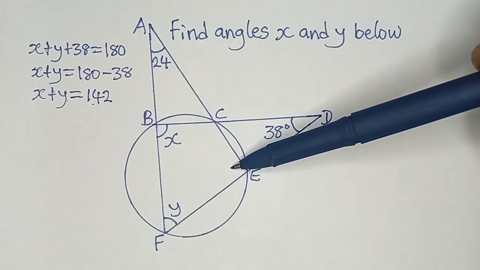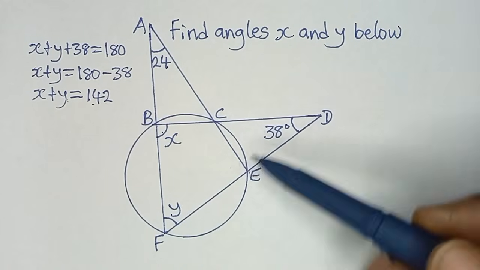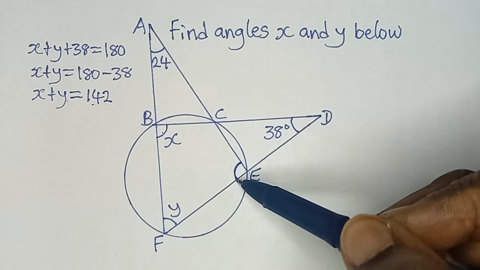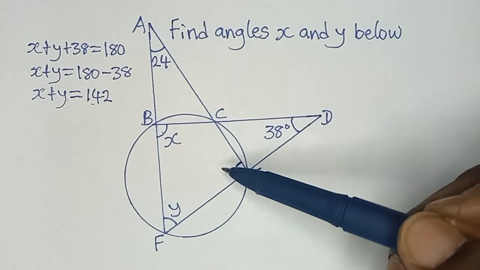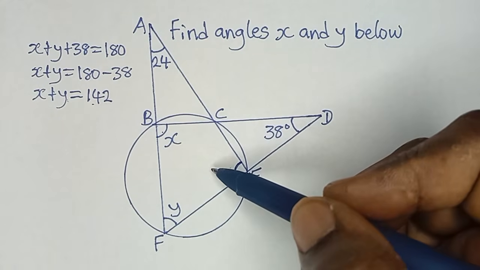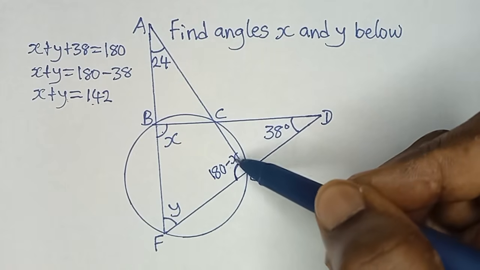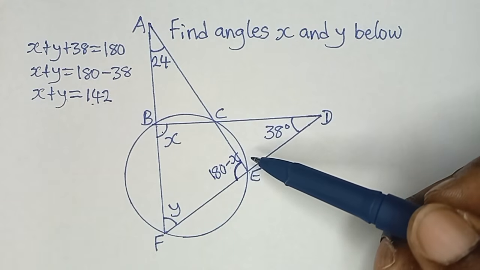Now, since the sum of this angle and this angle will give 180 as opposite angles of a cyclic quadrilateral, and this is X, to get this angle we simply say 180 minus X. So this angle here will be 180 minus X.